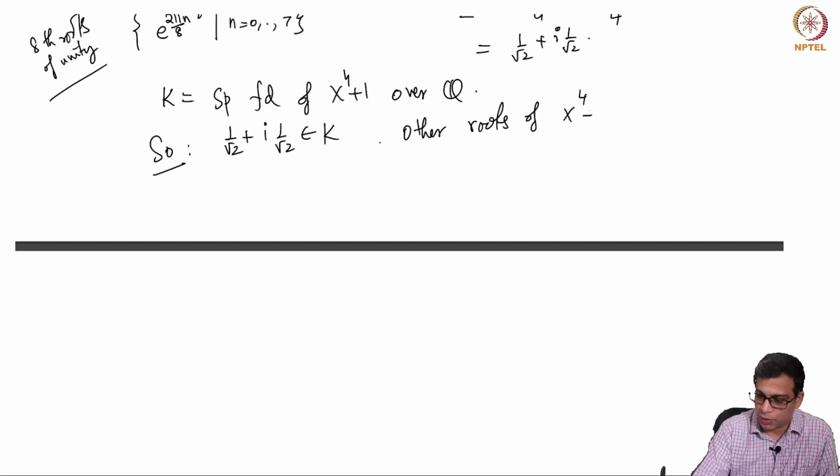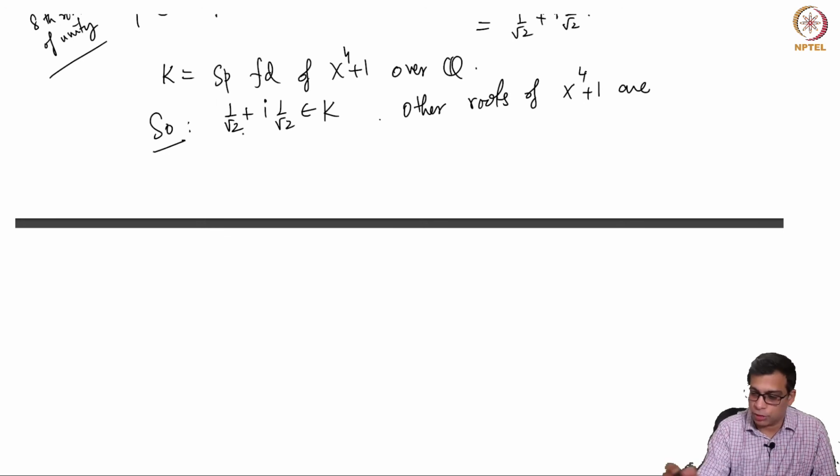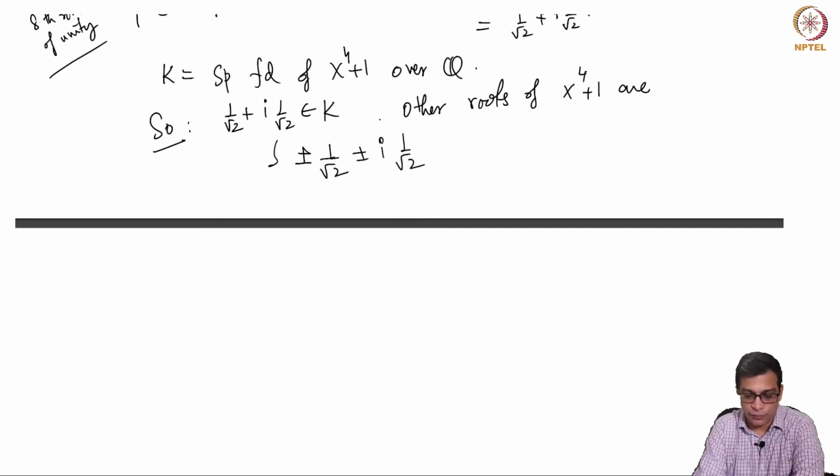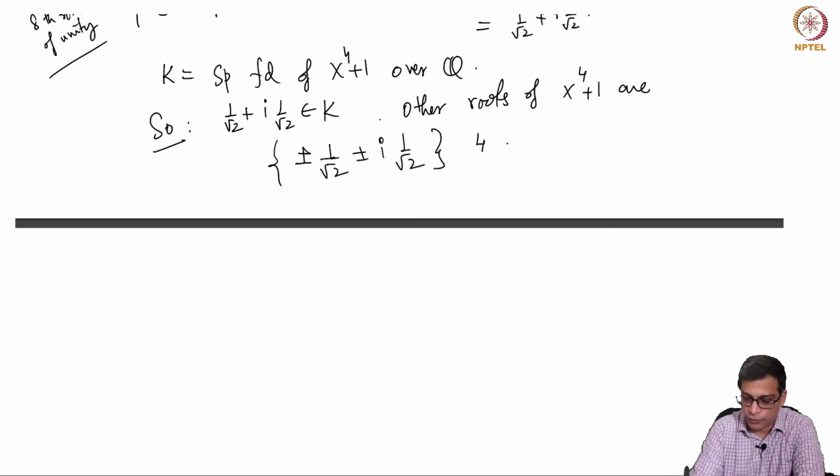I claim that the other roots of x^4 + 1 are, one can check easily, these four roots: you can take 1/√2 with plus sign or minus sign, and i times 1/√2 with plus sign or minus sign. So there are 4 of them.